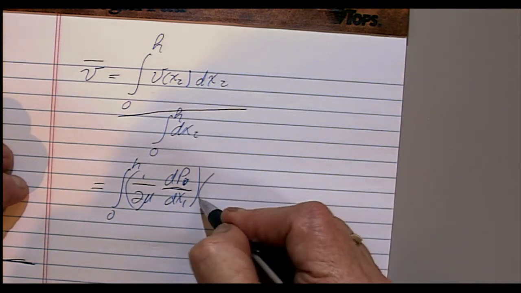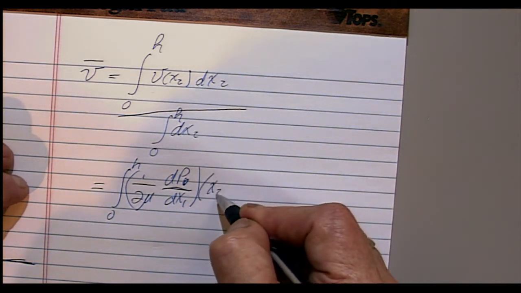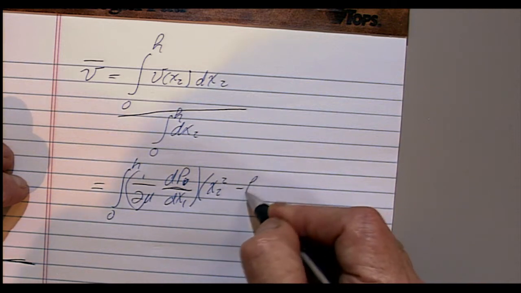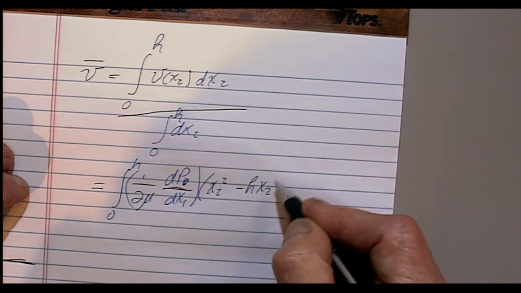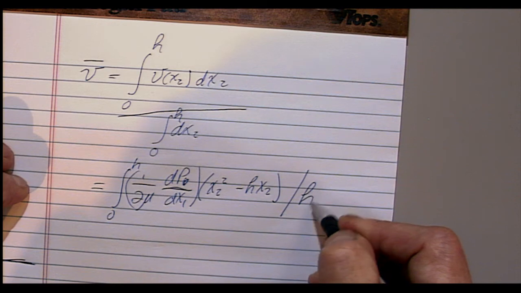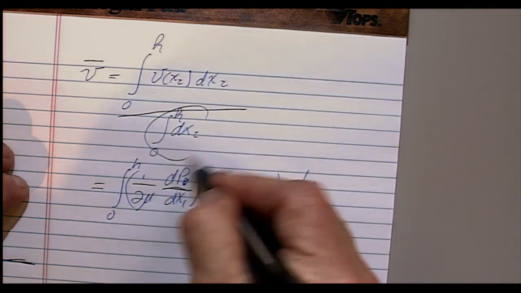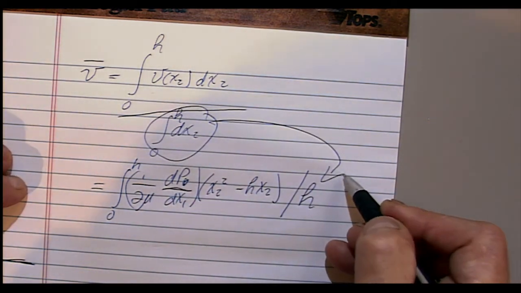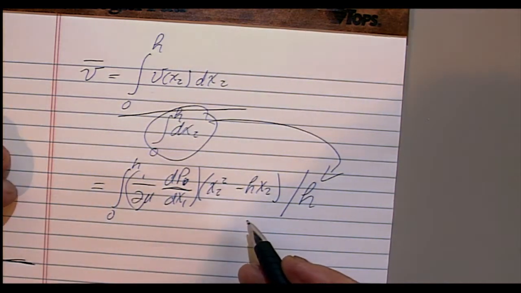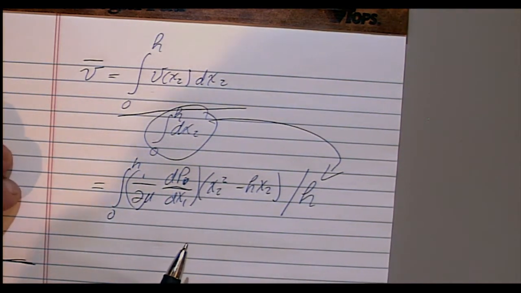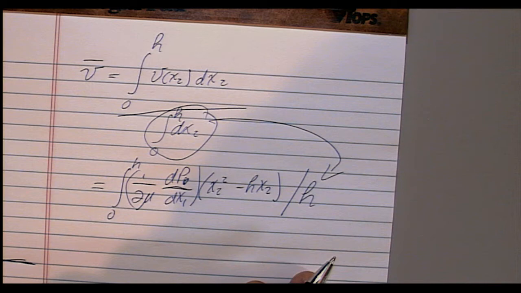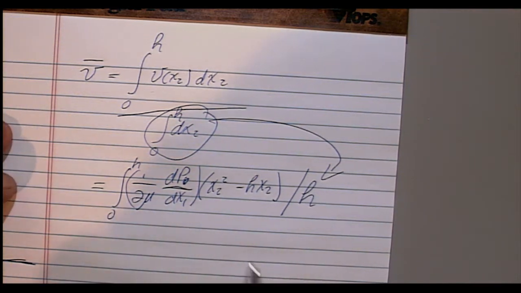And then the spatial dependence was x2 squared minus h x2, divided by h. All right, so h comes from this integral. That gives us the h. And this is the velocity that we had set up. If you go back and look at the PowerPoint, you'll see exactly that expression for the velocity profile.